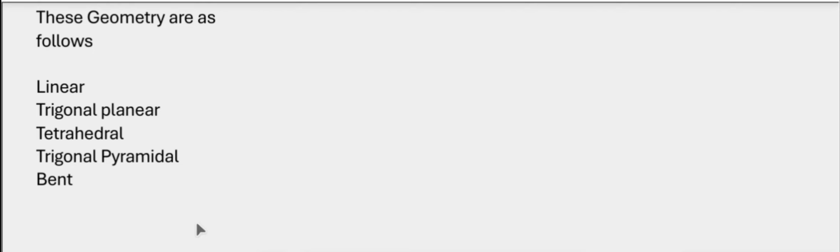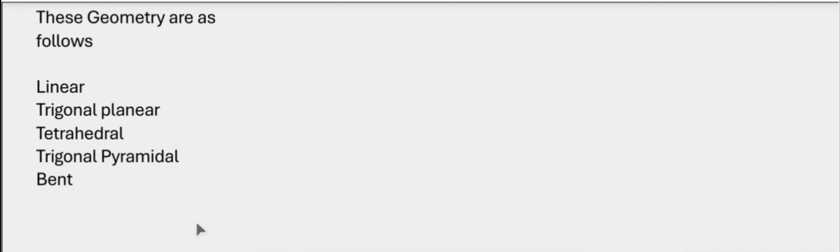Trigonal planar is when we have three bonding pairs and zero lone pairs. Trigonal pyramidal is when we have three bonded pairs and one lone pair. Tetrahedral is when we see four bonded but no lone pairs. And bent is when we have two lone pairs and two bonded.